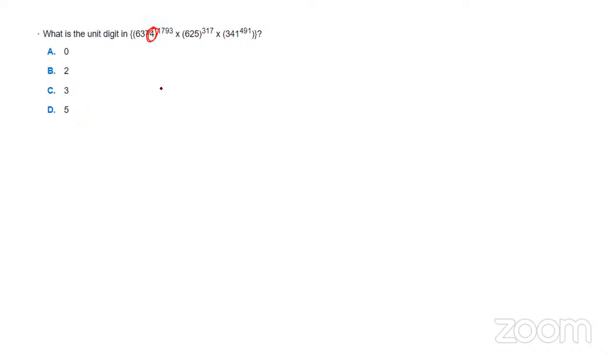So I can reframe the question as, what is the unit digit of 4 raised to 1793 into 5 raised to 317 into 1 raised to 491? Because the unit digit can be determined by using the unit digit of the other numbers, whatever we have written, right?